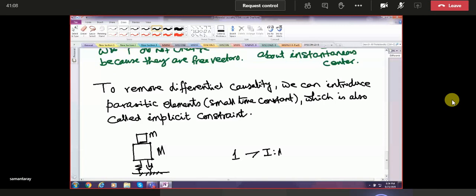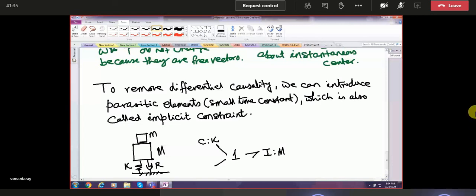Sir, if there is differential causality, can we say that this system is not having any dynamics? A part of the system maybe, not the whole system. Other places there might be integral causality. That part of the system where differential causality is there will not have dynamics.